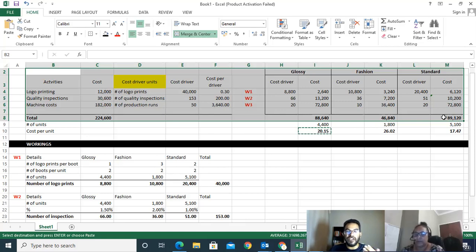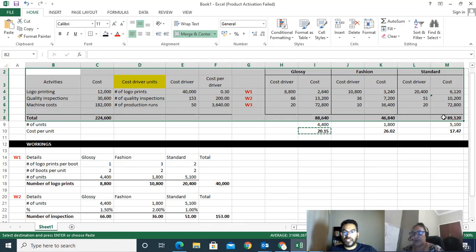So it's very important to make sure you pick up what is actually required. Like I said, this is one way of asking it. Another way would have been to calculate the cost per unit, and then we go further. The other way would be where they say calculate the cost of a product using ABC.